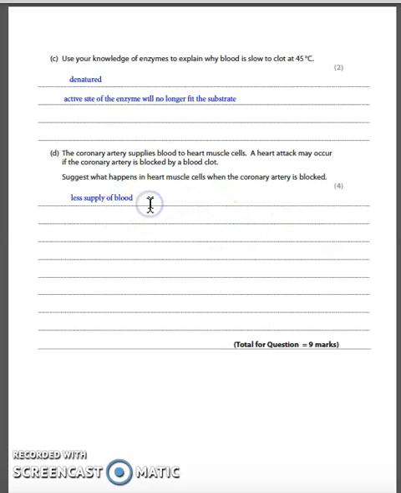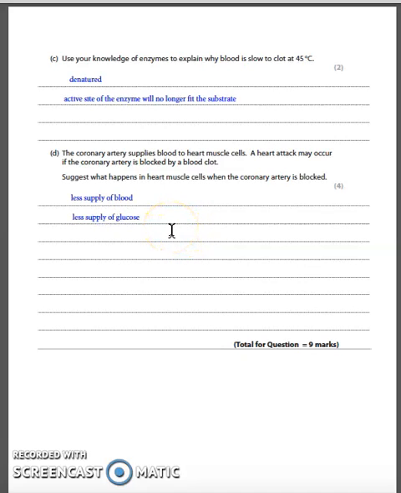When there is less supply of blood, there is another consequence also. We will have less supply of glucose and oxygen. Why is that so? Because blood carries oxygen, and oxygen is needed for respiration.